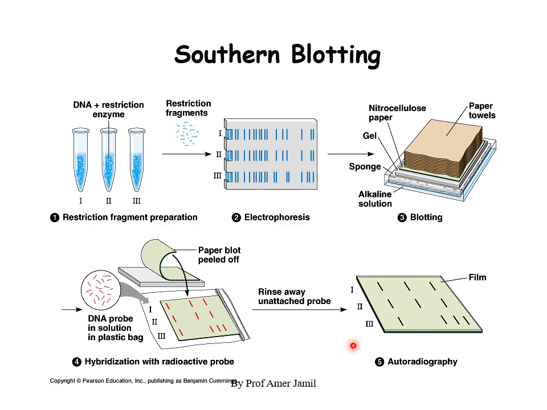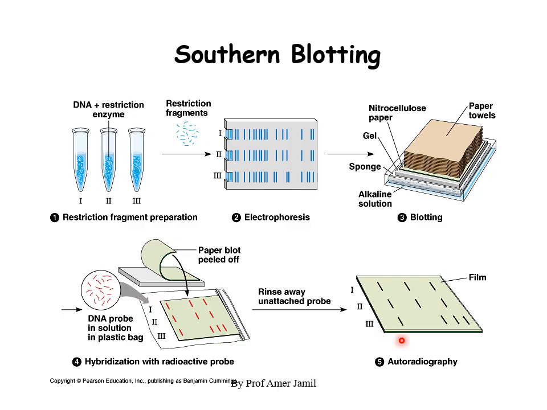We cannot see anything on the nitrocellulose paper unless we do autoradiography, meaning we treat it just like X-ray film. So we put it on X-ray film, and after some time we see certain bands over there.